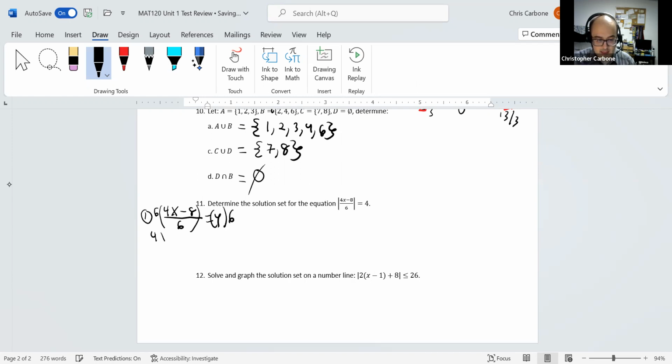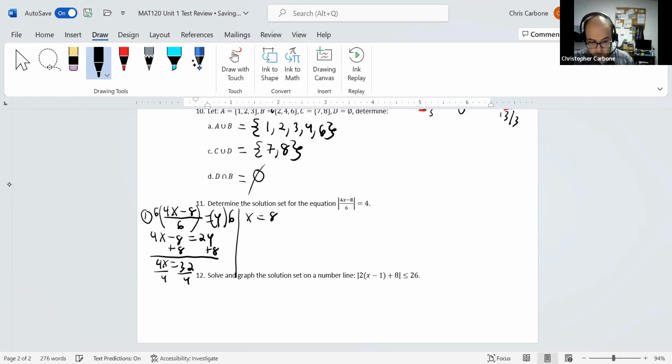We have 4x minus 8 is equal to 24. Adding 8 to both sides, we get 4x is equal to 32. And then divided by 4, we would get an answer for x of 8.